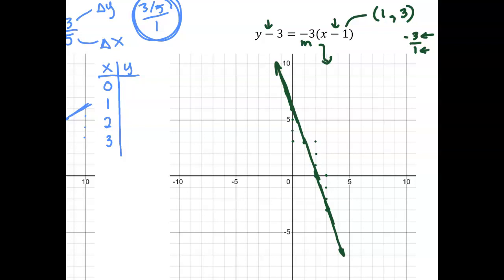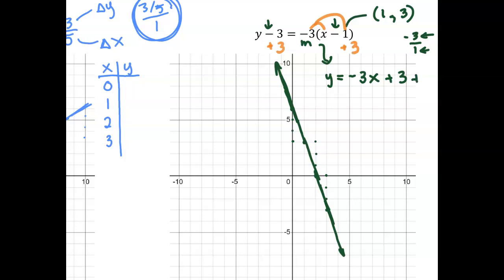I would also like to point out that typically when we're writing an equation to answer a question, we would put it in slope intercept form, and we could do that very easily here if you're more comfortable. So I would do a couple of things. One, I would distribute the -3 through. So I would say I have -3x plus 3. And then I would also add the 3 that's over there with the y to both sides.